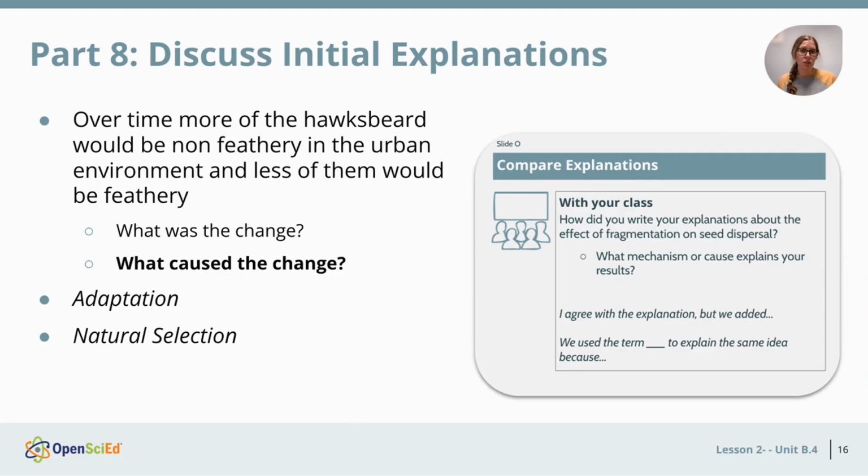Quite a few of my students, after completing the investigation, when we have this first discussion, start talking about buildings and the different sunlight that the plants are getting, and/or noise or pollution, and then perhaps the environment of the city is physically causing the change in the seed type, instead of the environment making it more likely for some seeds to survive over others.